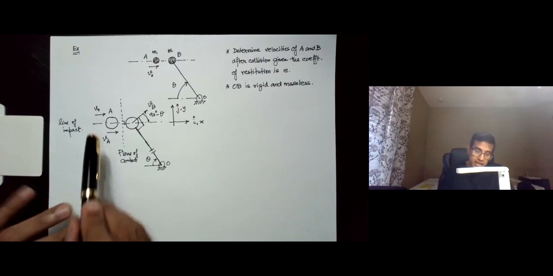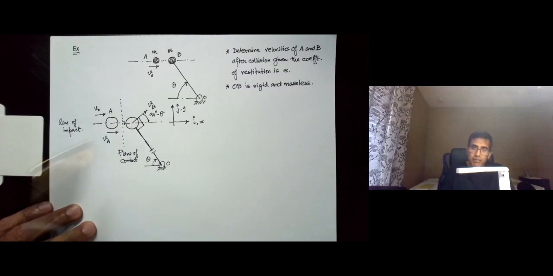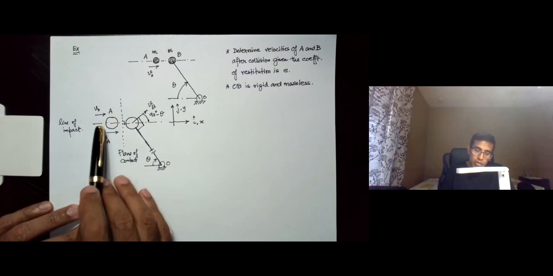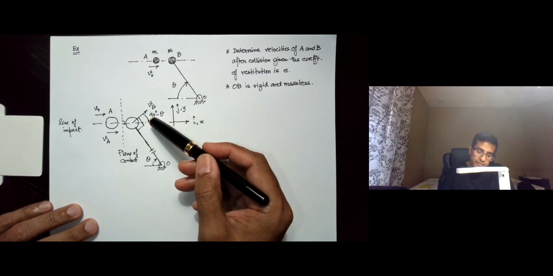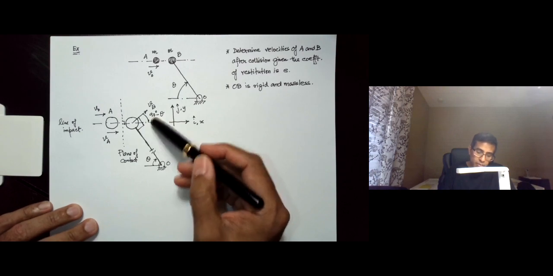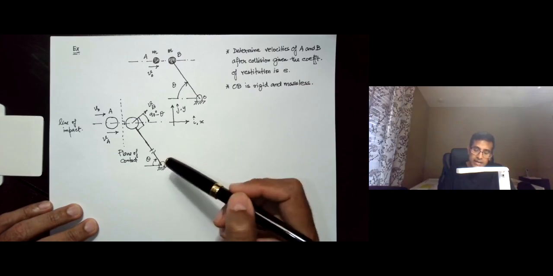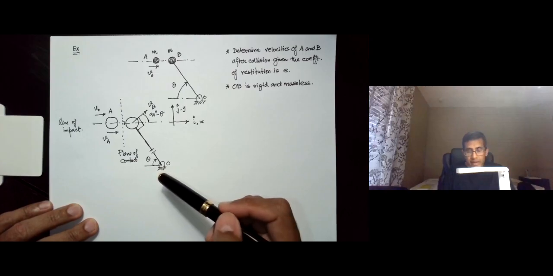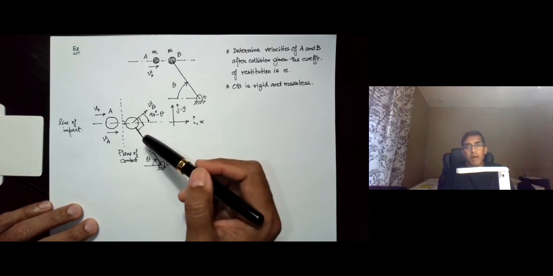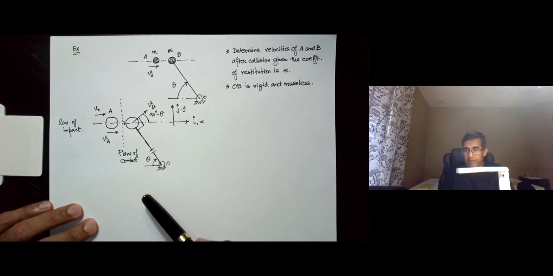So for instance, if we apply the conservation of linear momentum along the line of impact, what will happen is that because the line of impact has a component along the rod, the infinite inertia at the pivot point will come into the picture in the conservation of linear momentum equation.